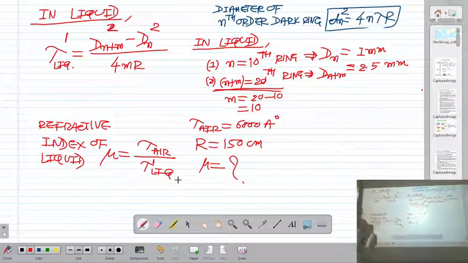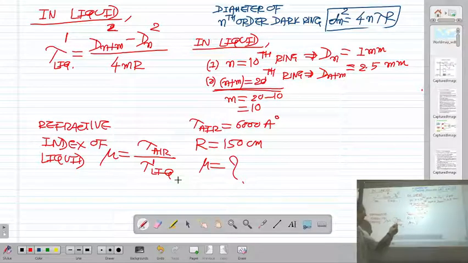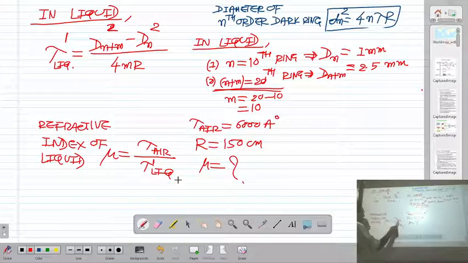This is the definition: the refractive index of liquid mu is defined as the wavelength of light in air, given as 6000 angstrom, upon the wavelength of light in liquid, that is lambda dash. So from this equation you can put the value of lambda dash in the earlier equation.